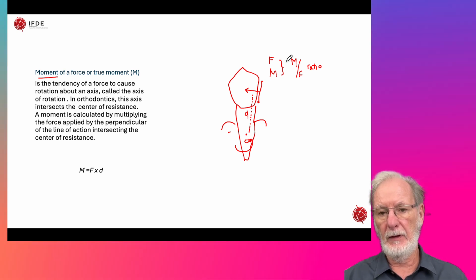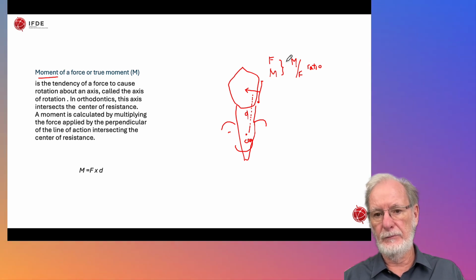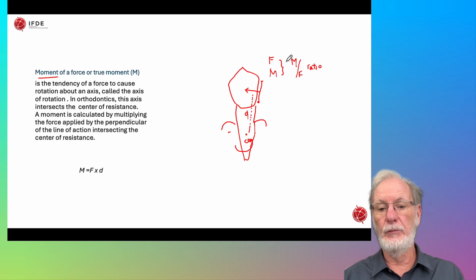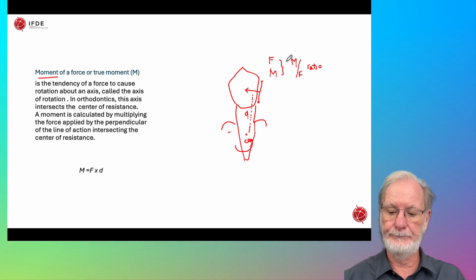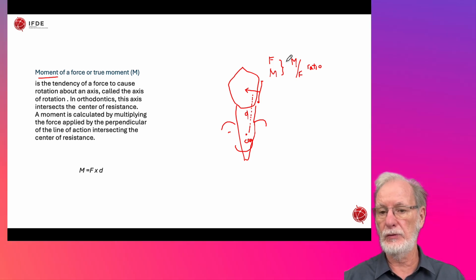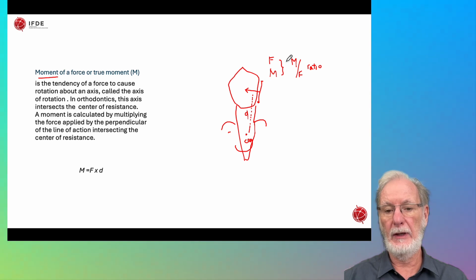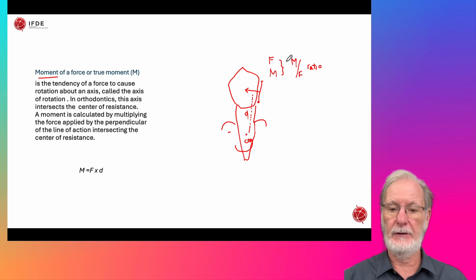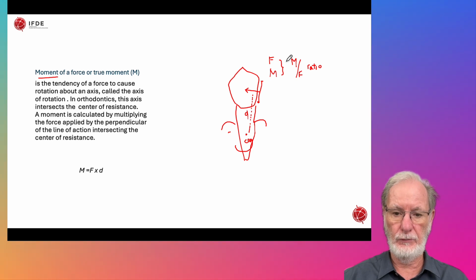So always keep in mind that the moment to force ratio drives the type of movements you will want to obtain on a single tooth, but it also applies, by the way, to a group of teeth, because a group of teeth will have a different center of resistance, so a different distance, which will translate into a different moment to force ratio, resulting in different types of tooth movement.